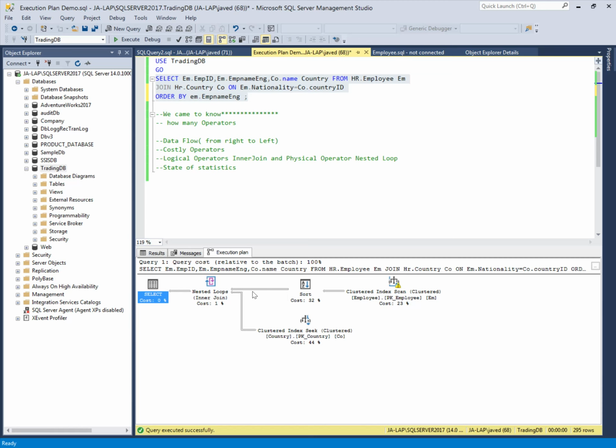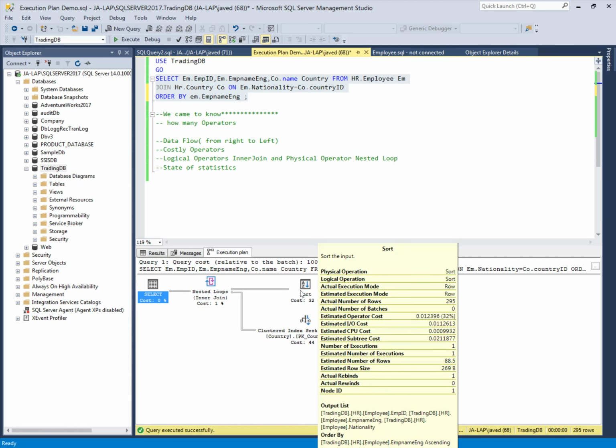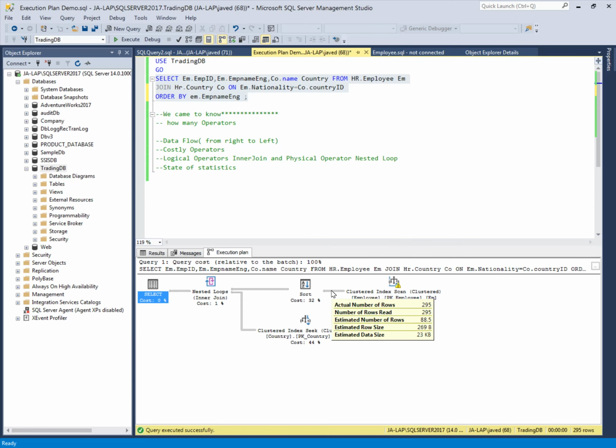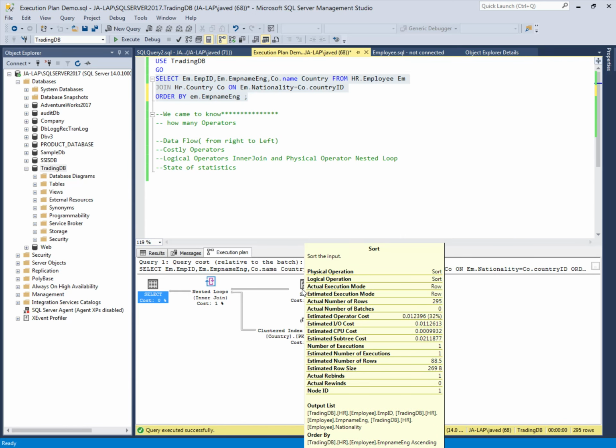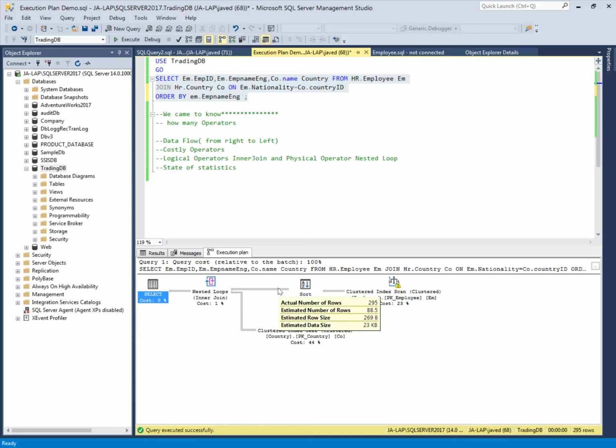Right now there is no blocking operator. Here 295 rows come from this operator and pass to the sort, and the sort gives 295 rows, so it's not blocking. But sometimes sort is a blocking operator, and sometimes nested loops is also blocking.